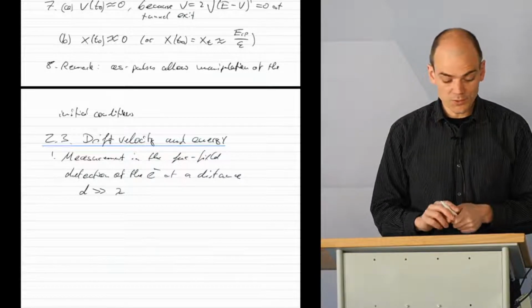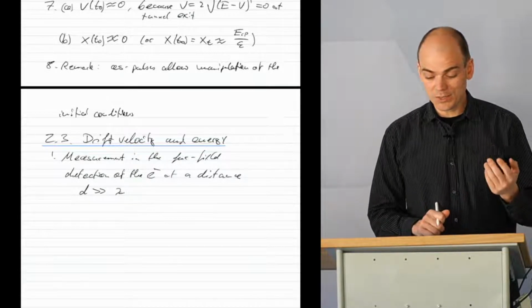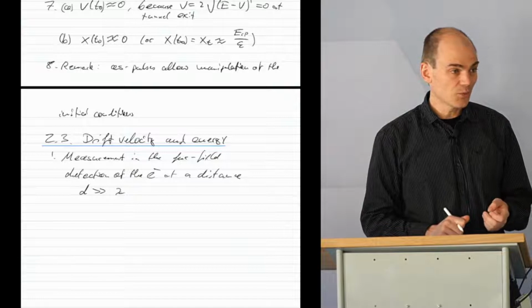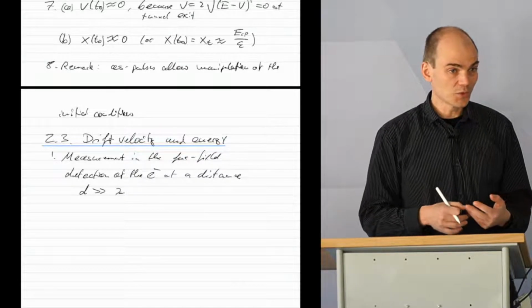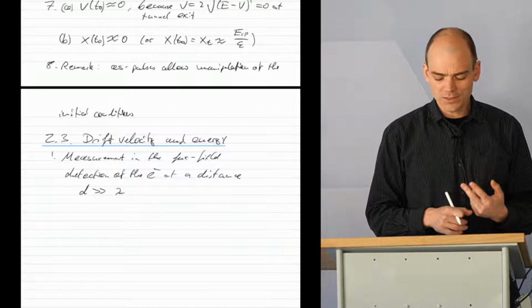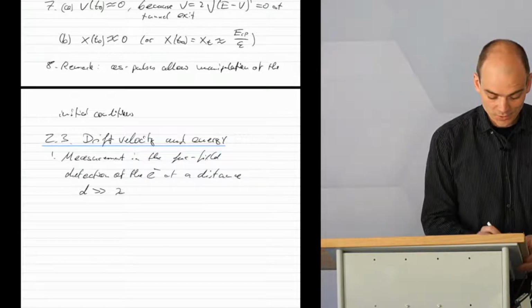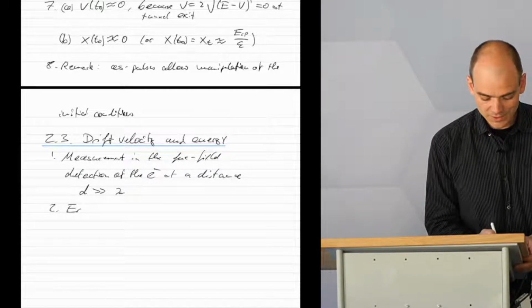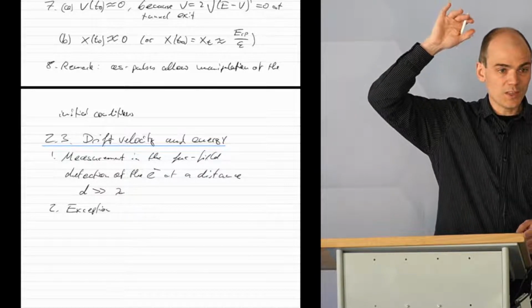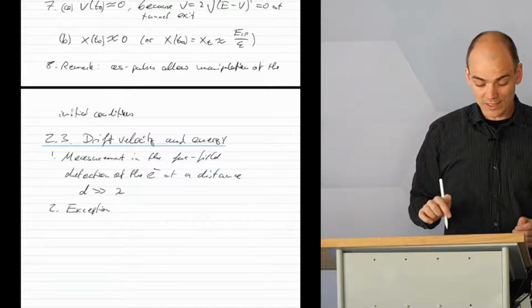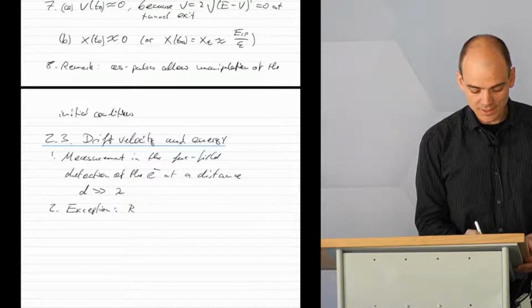A notable exception is a measurement performed on Rydberg atoms using an intense radio frequency source. A Rydberg atom is an atom where electrons are prepared in a very highly excited state.